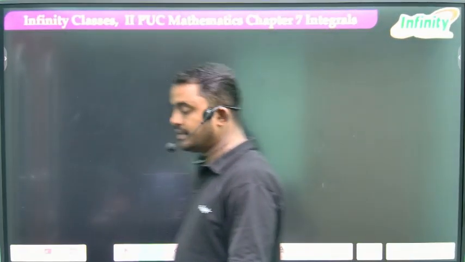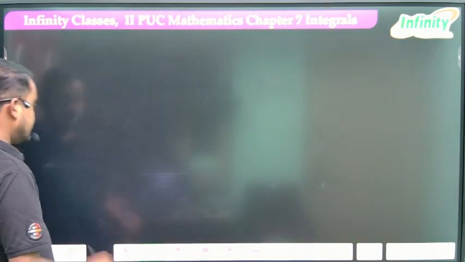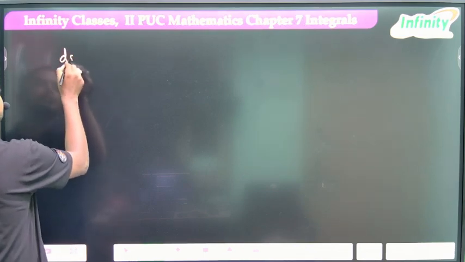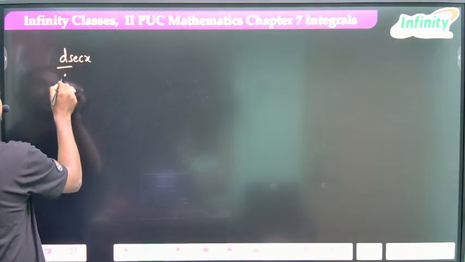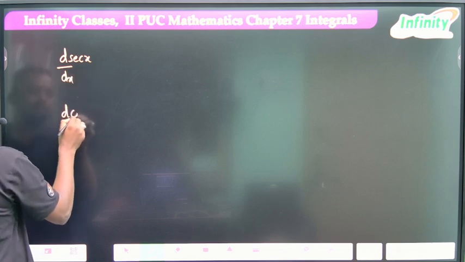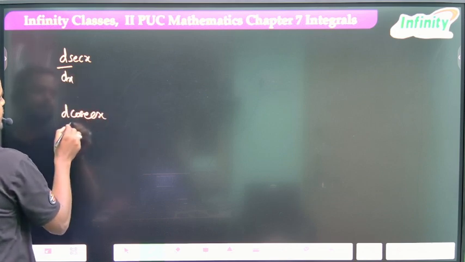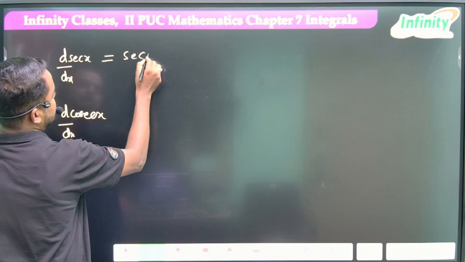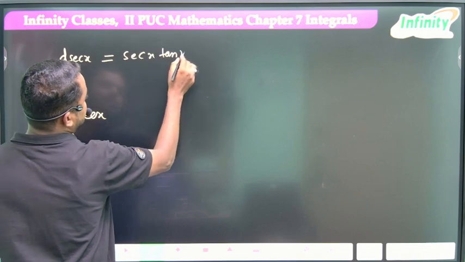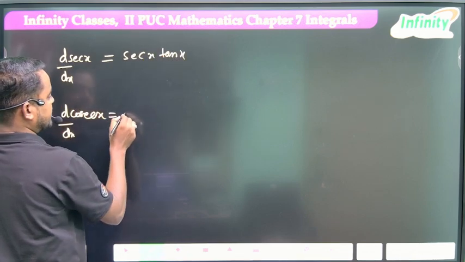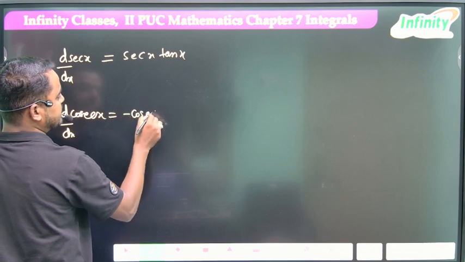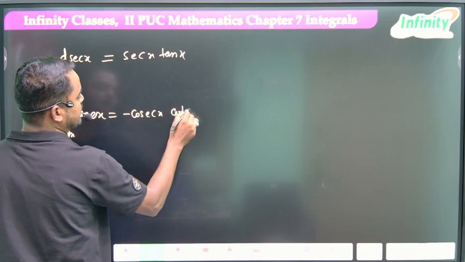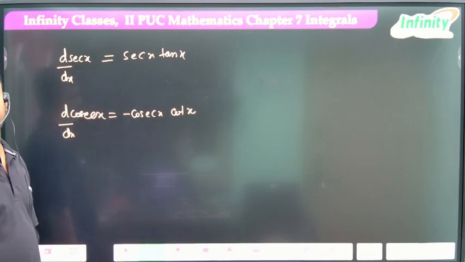Next, derivative of sec x with respect to x and derivative of cosec x with respect to x. Derivative of sec x is sec x tan x. Derivative of cosec x is minus cosec x cot x.